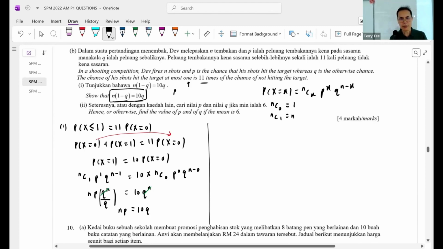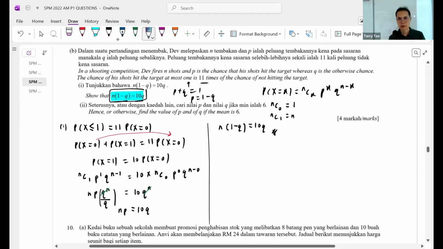We know p plus q is 1, probability of success plus probability of failure is 1. So p itself is 1 minus q. So we change n times p to n times (1 minus q). The result is 10q. Yeah, guys, I've shown that this is true.